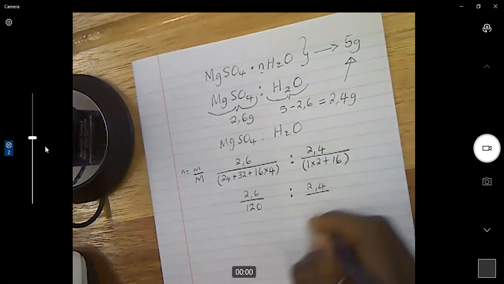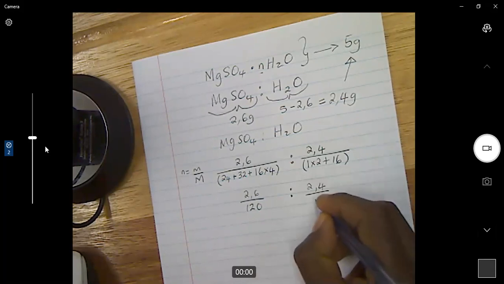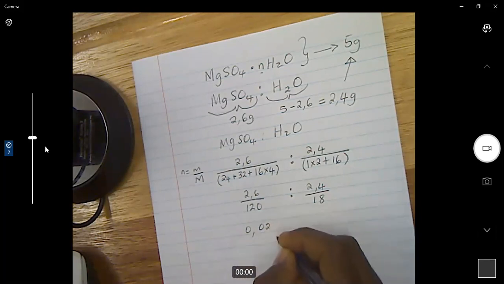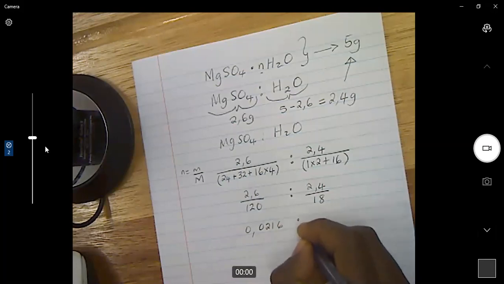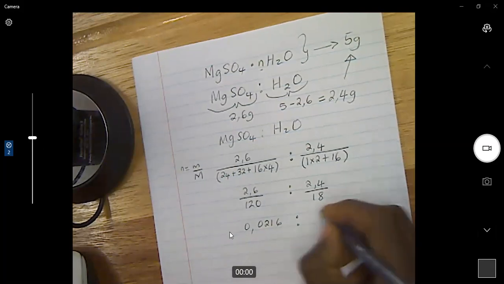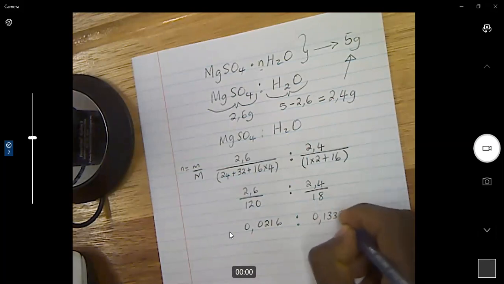Then you're going to have here, how much? 18. Right. What answer do you get? 2,6 divided by 120 gives 0,0216. Can I have 3 or 4 decimal places? Then here 2,4 divided by 18 gives 0,1333.